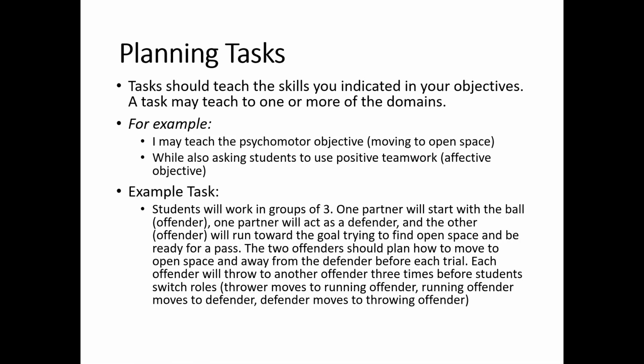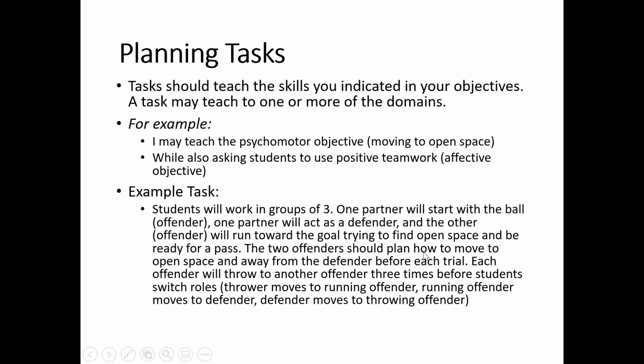Students will work in groups of 3. One partner will start with the ball, which is the offender. One partner will act as the defender, and the other will be another offender who's going to run toward the goal, trying to find open space and get ready for the pass. Basically, one partner is throwing to the other partner as they are moving toward a goal and trying to get open, while the defender in that group of 3 is trying to prevent a successful pass.